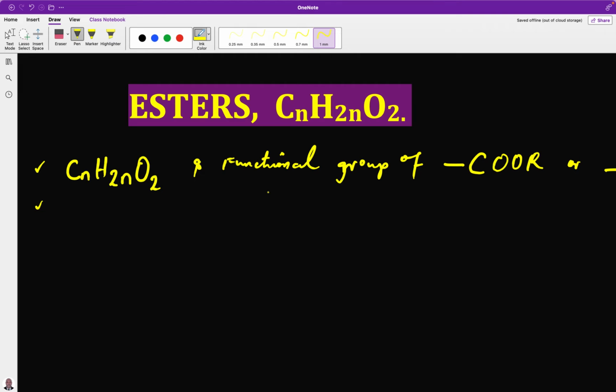You know that in an ester, the hydrogen atom from the carboxylic acid group is replaced by an alkyl group. For instance, let's say this is a carboxylic acid. We said they are derivatives of carboxylic acid. This is the acid group.